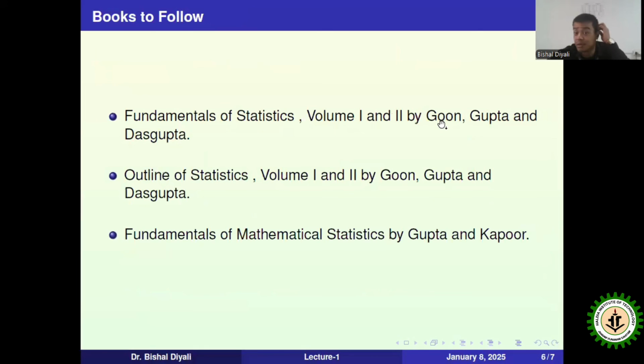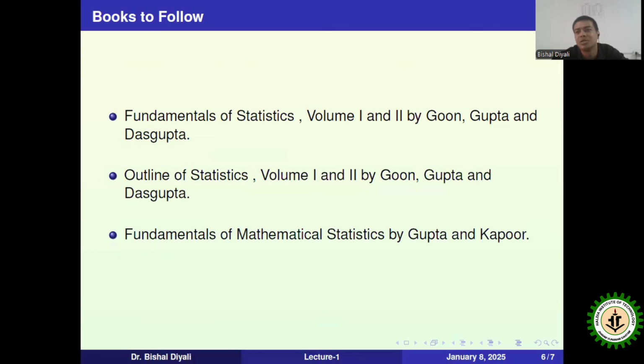So these are some books that anyone can follow for studying statistics. Fundamentals of Statistics is the best book I've ever come across. That is my favorite book. It has everything that anybody wants to know about statistics. Outline of Statistics is also very good. It's by the same author.